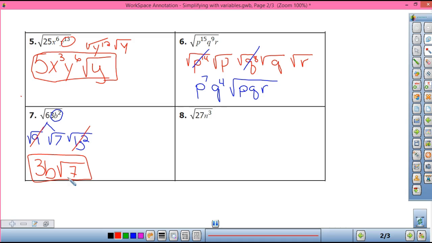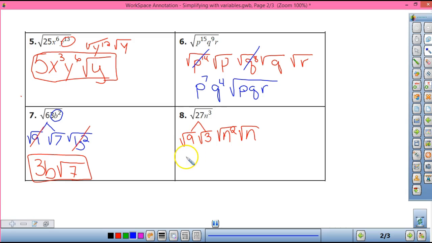Okay, all right, so number 8. What can I split 27 into? Root 9, root 3. And then I have to split n to the third into root n squared and root n. All right, so what can I simplify?